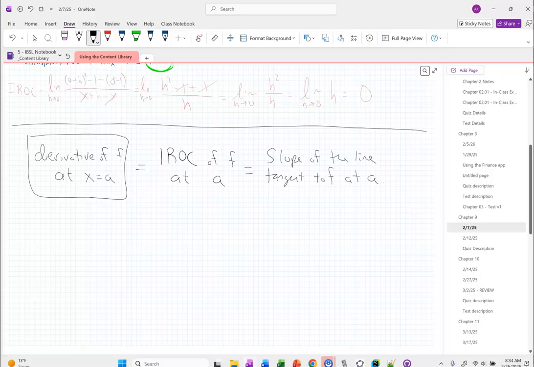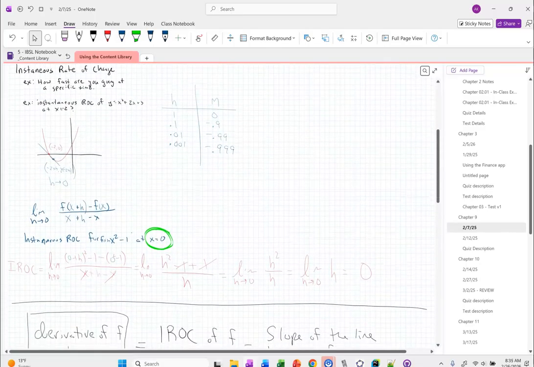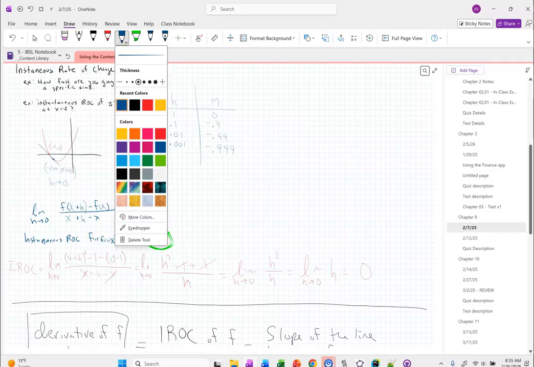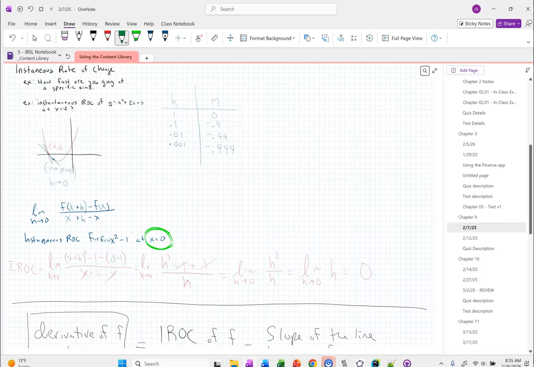When I say tangent, if I take this picture here and draw the tangent line, it would be like this. That's the instantaneous rate of change, the slope of the line that passes through that point and is tangent to the curve.